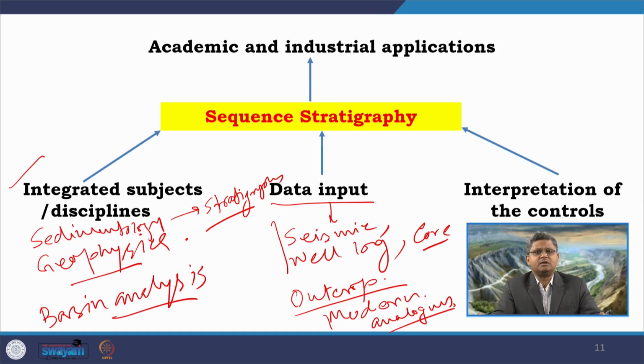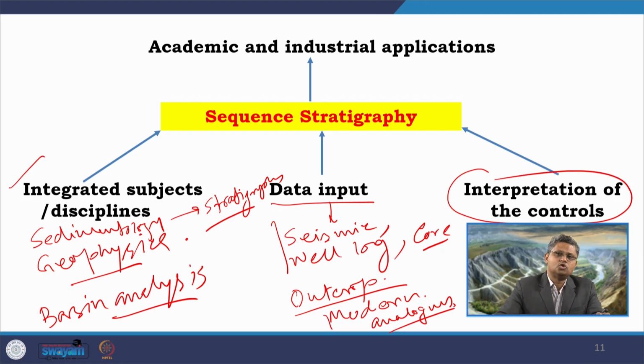And then comes the third pillar in this particular study, the interpretation of the controls. So, what are the controls that can produce or that is producing a sedimentary succession where we are applying the sequence stratigraphic model or sequence stratigraphic study. So, there can be several controls.